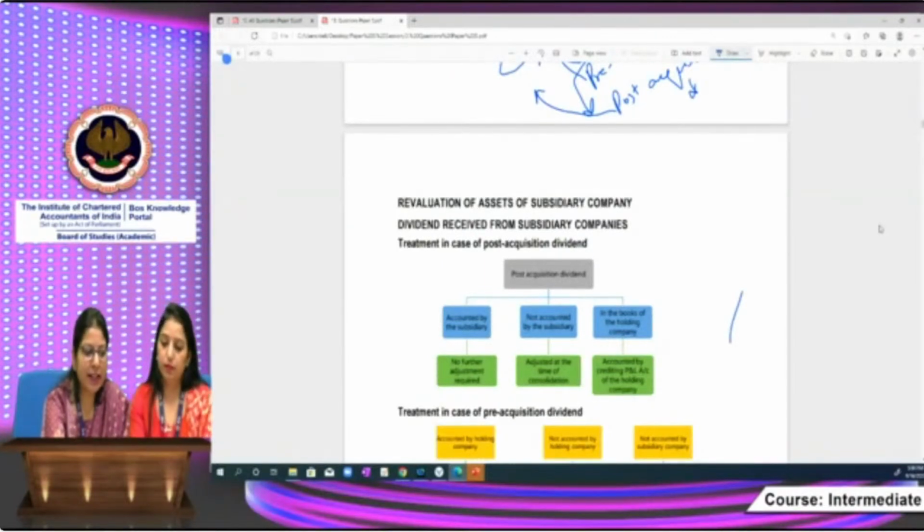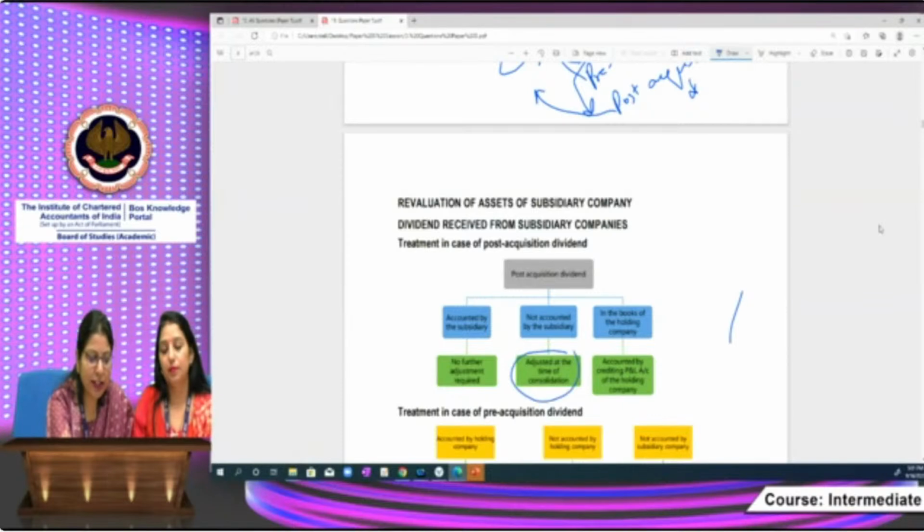We have already seen that under post-acquisition dividend, in the books of the holding company, it has to be accounted by crediting profit and loss account of the holding company because it's a revenue income. And in the books of subsidiary, it is not accounted. If it is not accounted by a subsidiary, then it is to be adjusted at the time of consolidation. Or if it has already been accounted by the subsidiary, then no further adjustment is required.